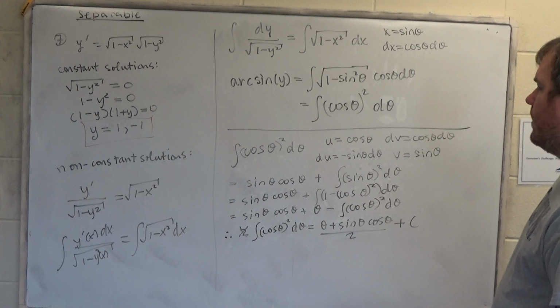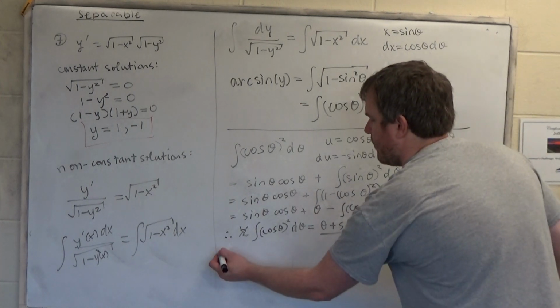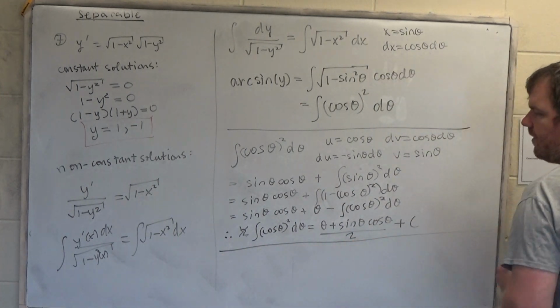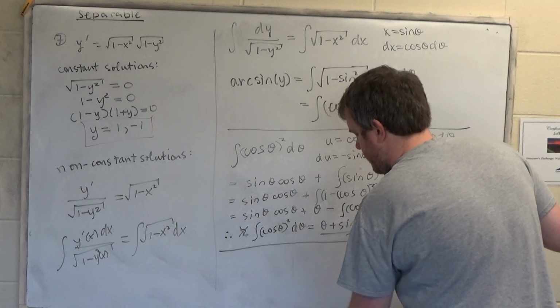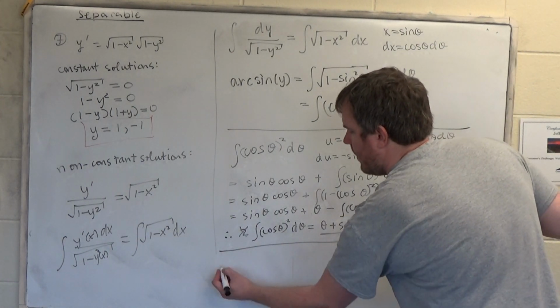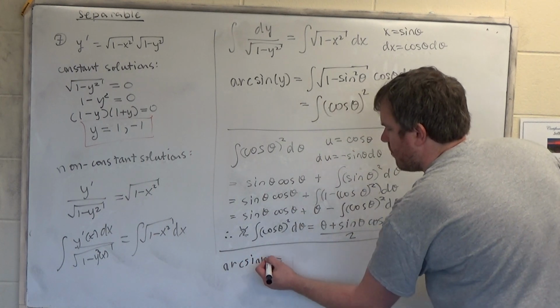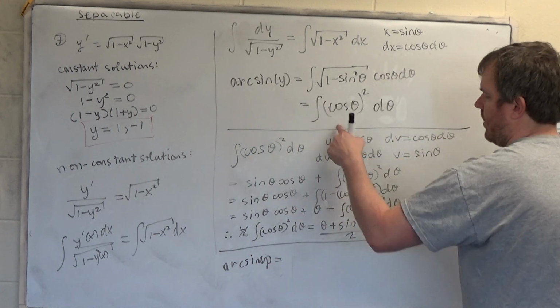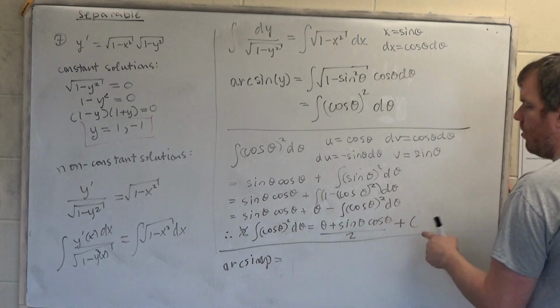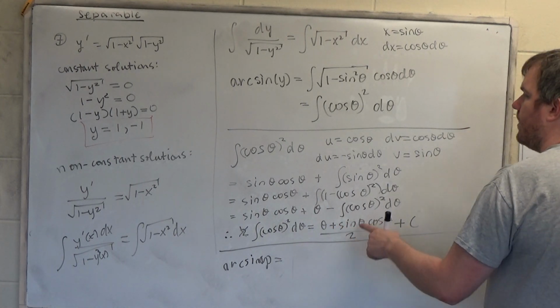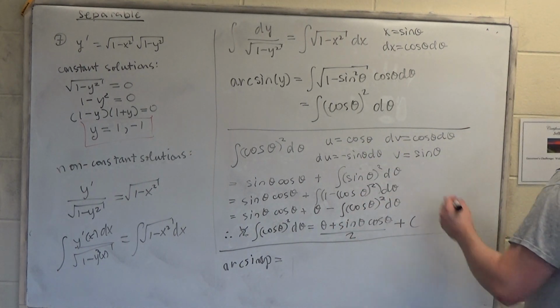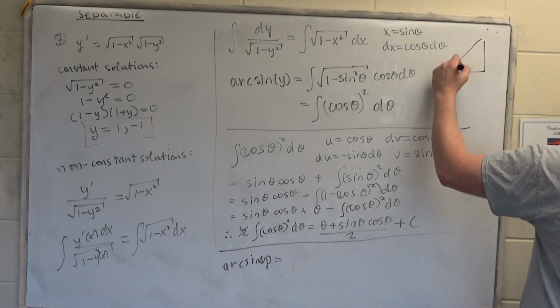So that tells me that the solution, so this is the end of my auxiliary calculation, that my solution is arcsine of y equals, oh no, how do I get back from thetas to x's? Well, I simply draw this triangle.